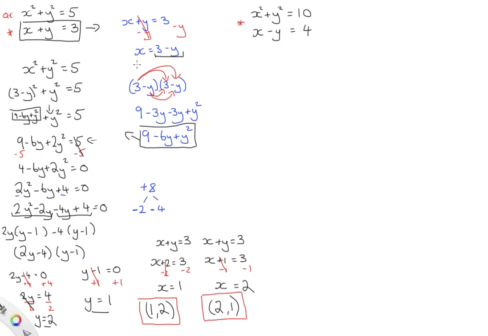Pause your video each time. As you're watching my video again, you're pausing it and doing this one each time. I'll put up the answer to this, and you can check your answer, or you can just send it to me and I'll correct it as well. I'll see where you went wrong.